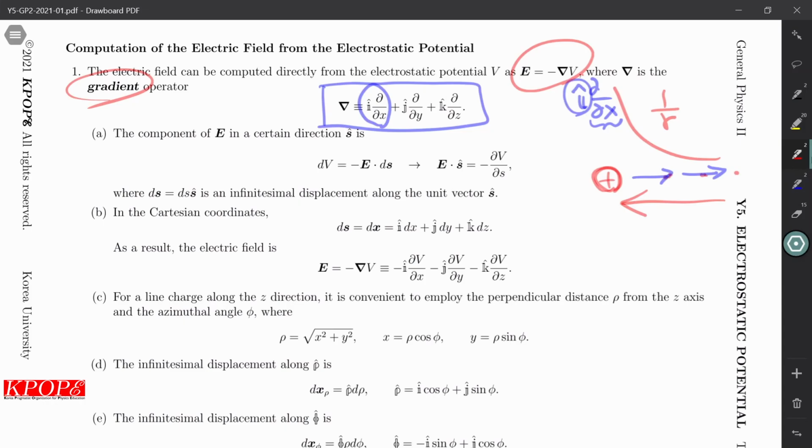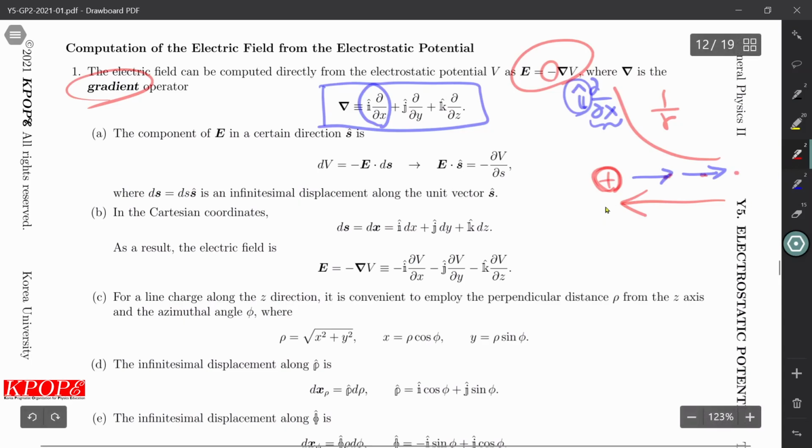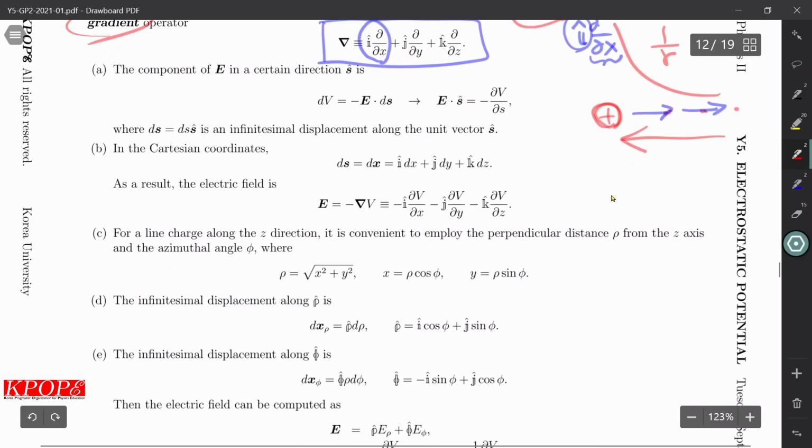Therefore, what we want to do is take the gradient to find the steepest path of increasing the value, put the negative sign on it, so that the electric field is along the direction along which the electrostatic potential decreases most fast. All right.